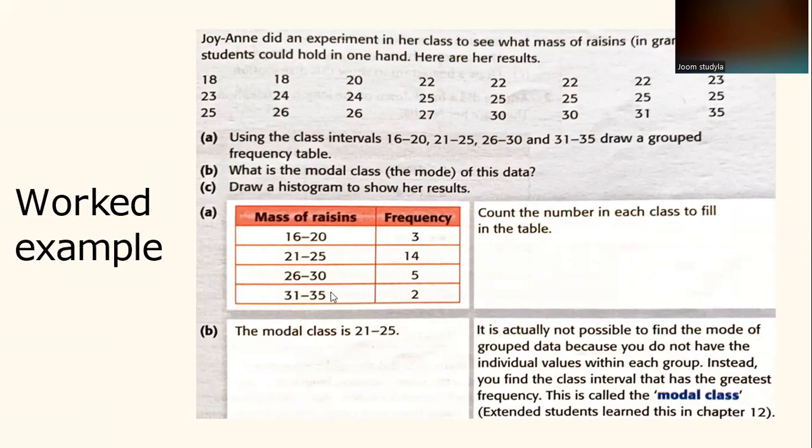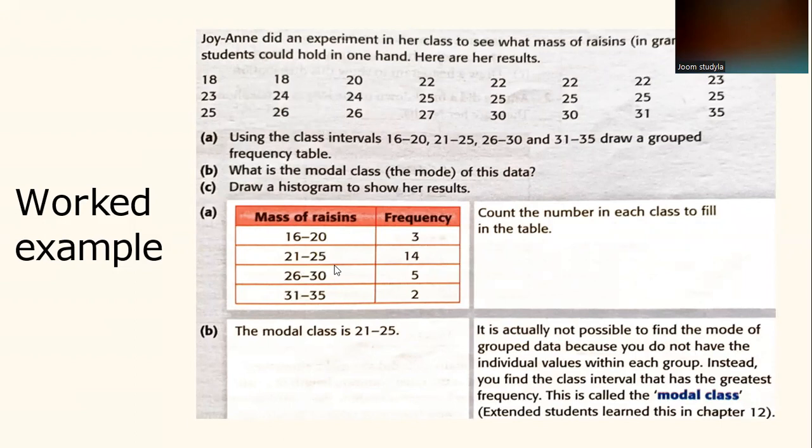So you have mass of rice in 4 kinds of groups or class intervals. You have between 16 to 20. If you count here, you can see mass of rice between 16 to 20, you have about 3. So 1, 2, 3. So 3.